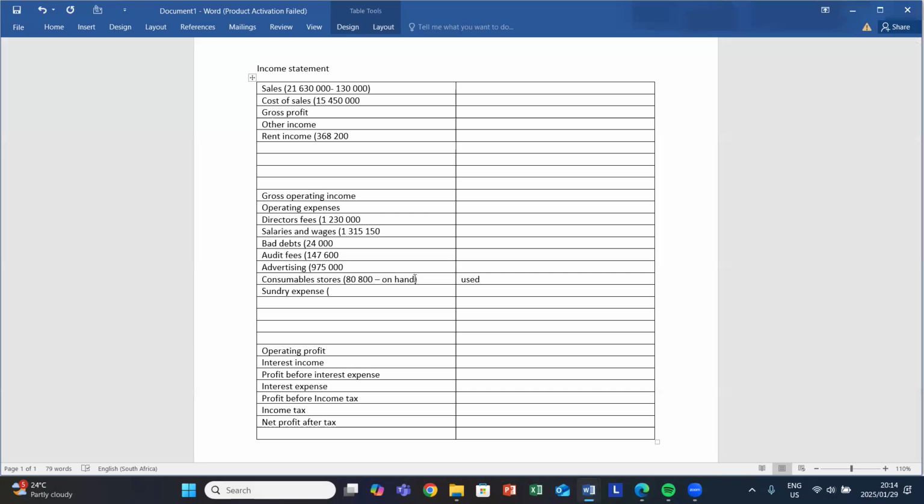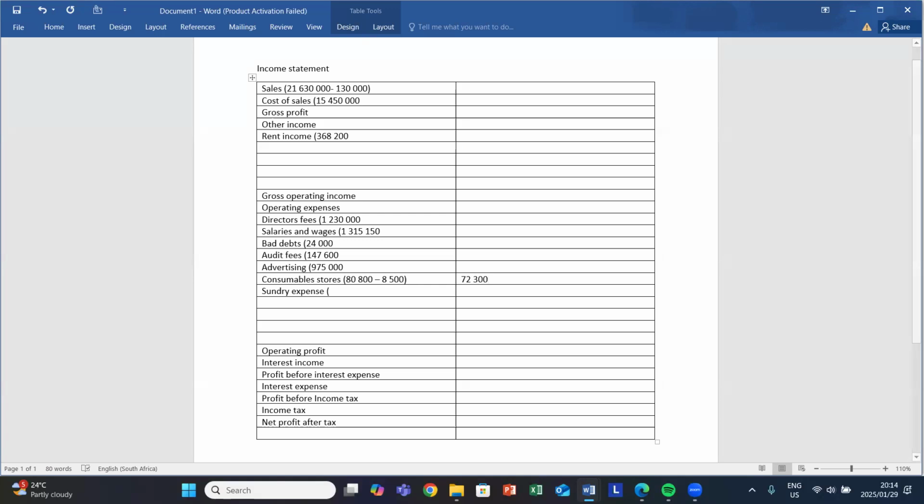So the value they provided is the consumable stores on hand. Therefore, here you'll have to minus that 8,500 so that you get the consumable stores that were used for the year. Let's calculate it: 80,800 minus 8,500, in which you will get 72,300.